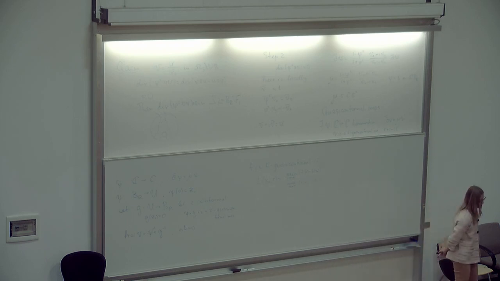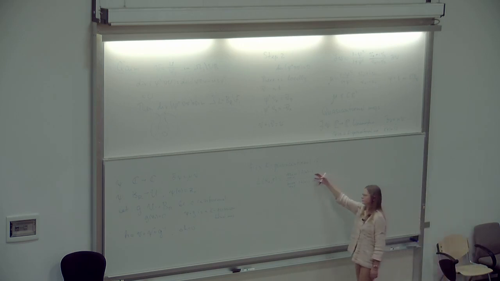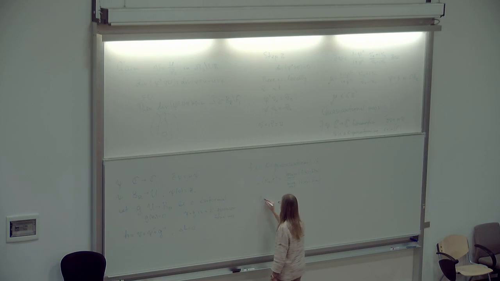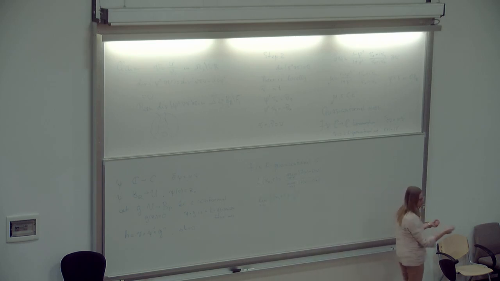I wanted to write one over to be sure that I'm not dividing by 0. And it's large enough, larger than 1 over k. So the distortion is bounded by k, the coefficient k.